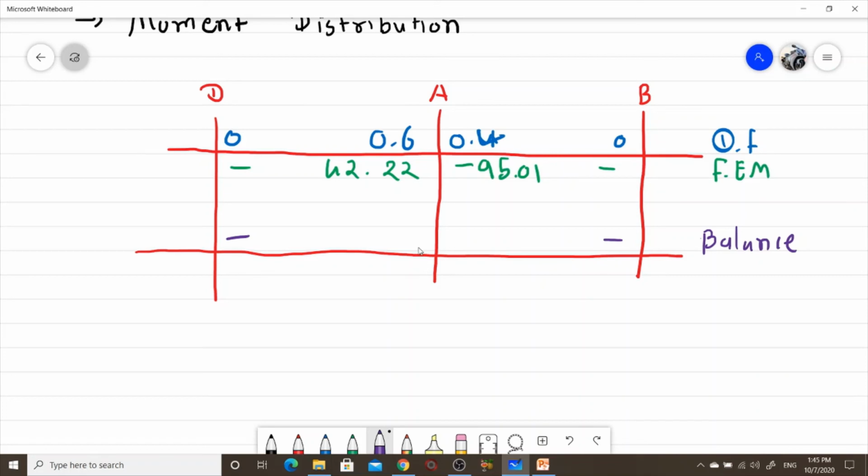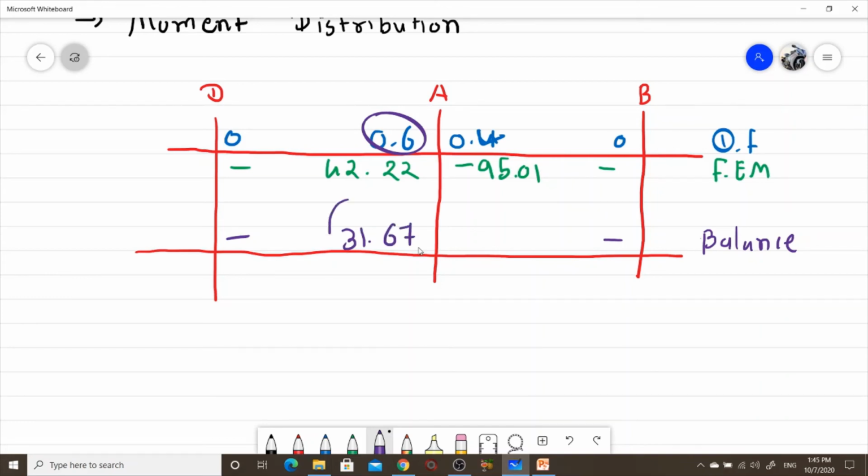So balance the moment at joint A. These both are unbalanced moments. So we balance: the difference between these two, 42.22 minus 95.01, multiplied by 0.6, means the distribution factor. If this value comes in minus, we will write down the opposite, means plus 31.67.